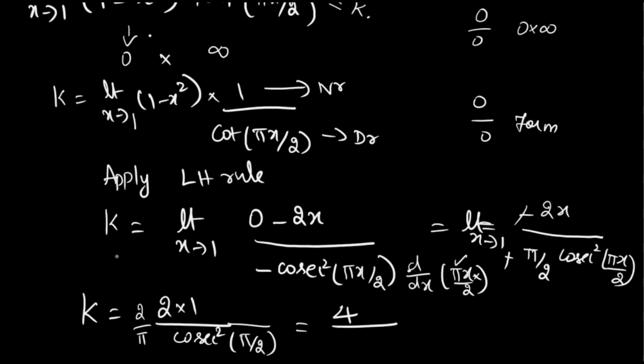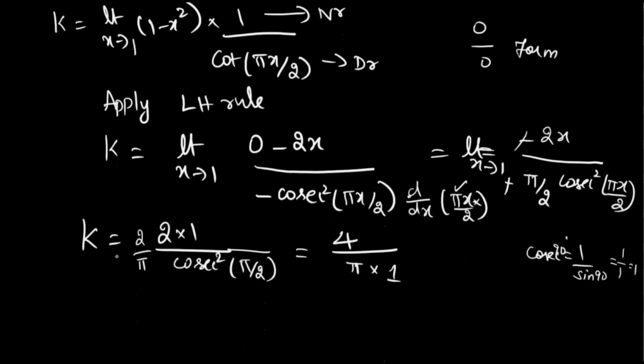And what is cosecant square(pi by 2)? That is pi by 2 is 90 degree, right? And cosecant is 1 by sine. What is sine 90 degree? Sine 90 degree is nothing but 1, so 1 by 1, which is 1. Denominator we have pi and this one is 1. And hence we got limit x tends to 1 of (1 minus x square) into tan(pi x by 2).